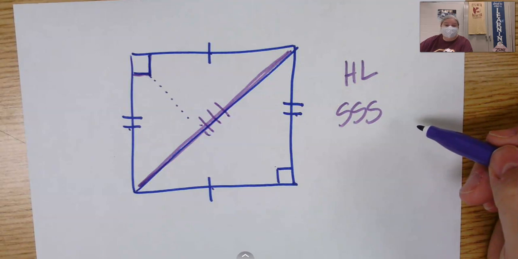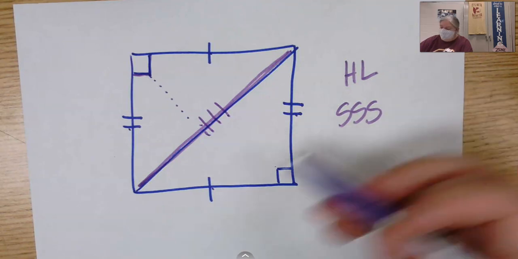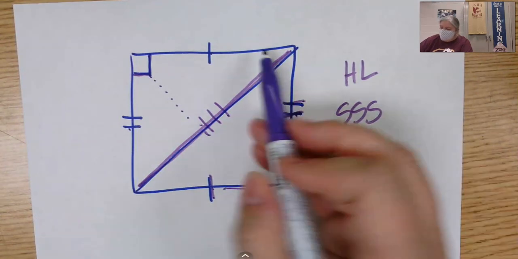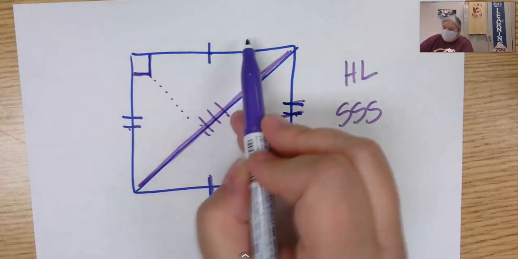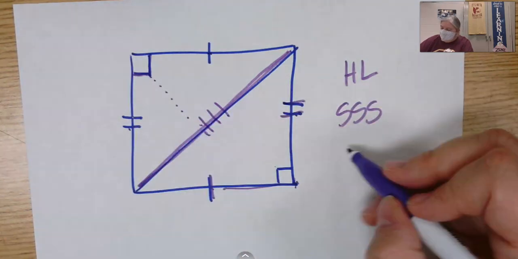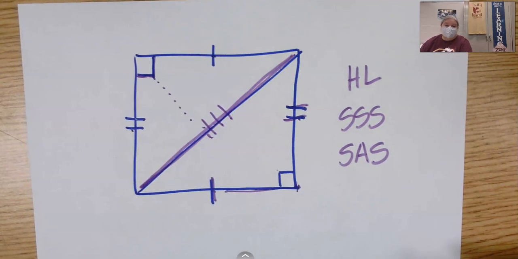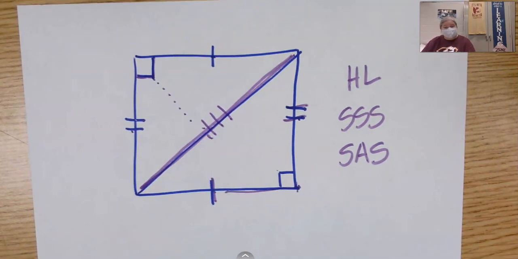Could also be side angle side. Here's a side, and they meet right here at the angle. Here's a side, they meet right here at the angle. So it is the included angle. The right angle is the included angle both times. So this one, actually, there are 3 options for how I could prove these 2 triangles are congruent.